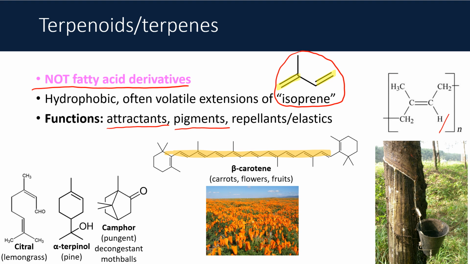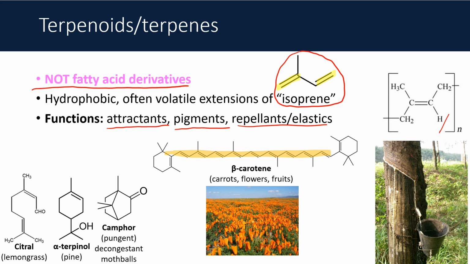That's where elastomers and repellents, such as polyisoprene, aka latex, comes from. Perhaps the pollen and flowers of the latex tree smell and look nice, but we don't want animals eating the useful parts of the plant, like the bark and stem and roots.